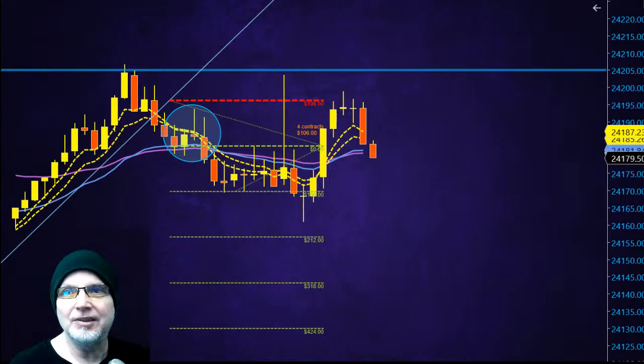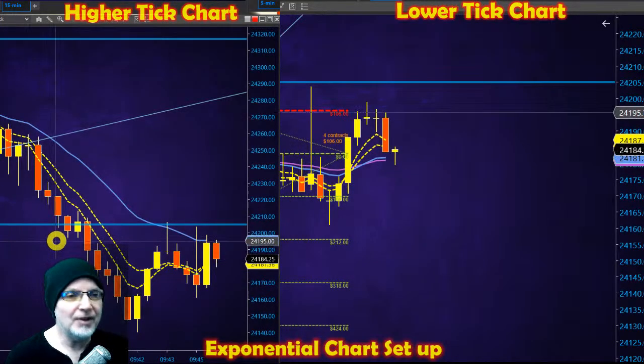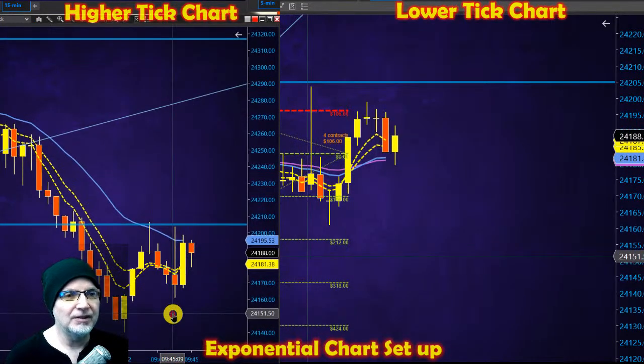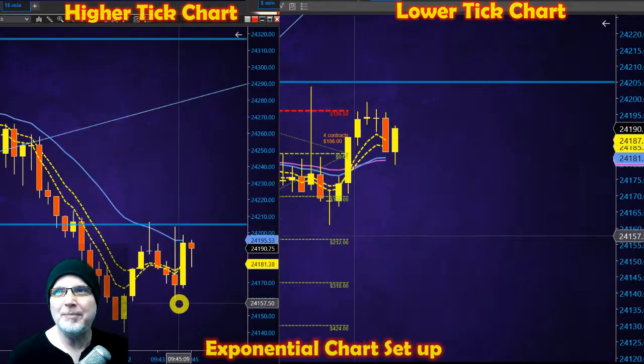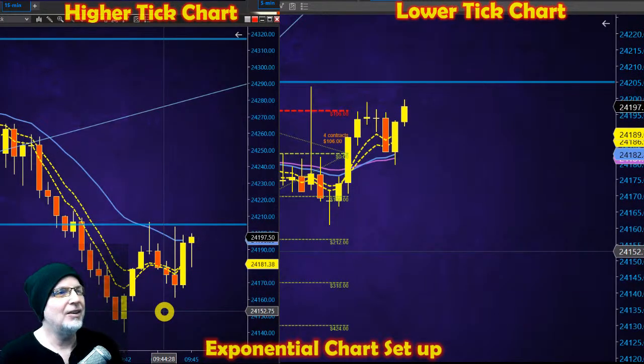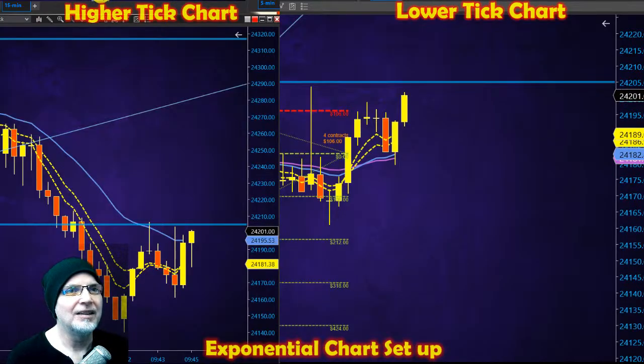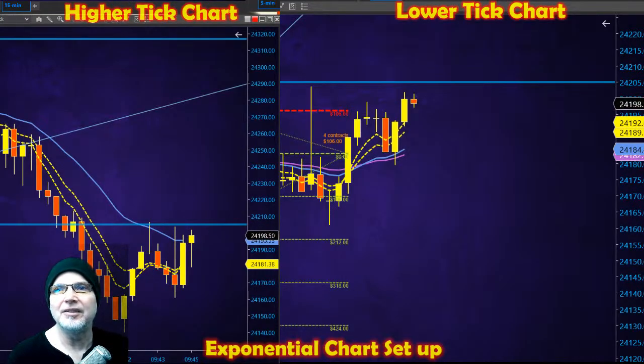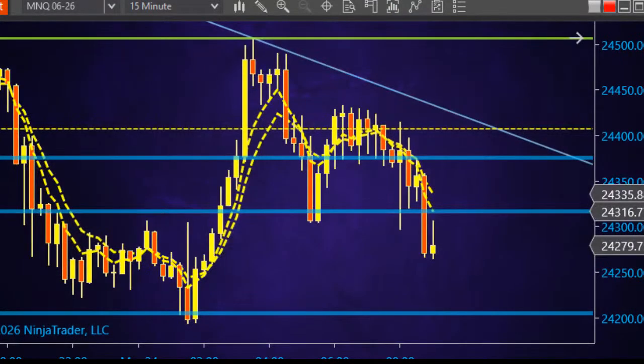I don't like what it looks like over here though, on this left side chart, the exponentially higher tick chart, with these whippy pintails, now a strong green candle, chopping around like that. It could just be at a standstill here. 15-minute chart looks good. It might need to rotate.